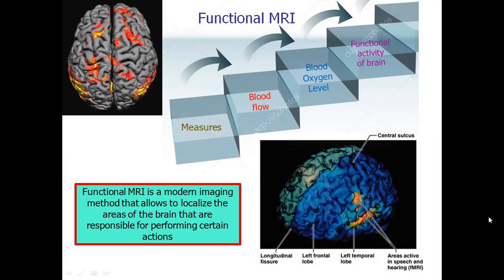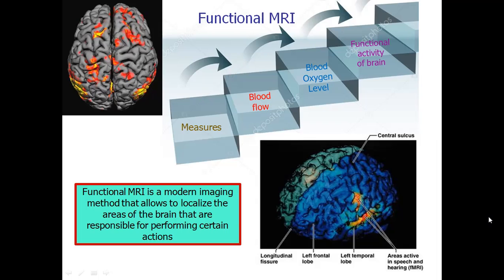Functional MRI scans use the same basic principle of anatomic physics as usual MRI scans. MRI scans image anatomical structures, whereas functional MRI images metabolic function of the brain.